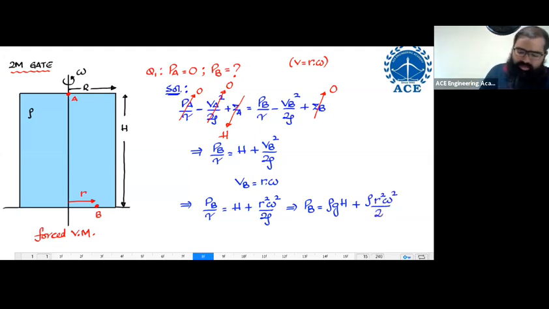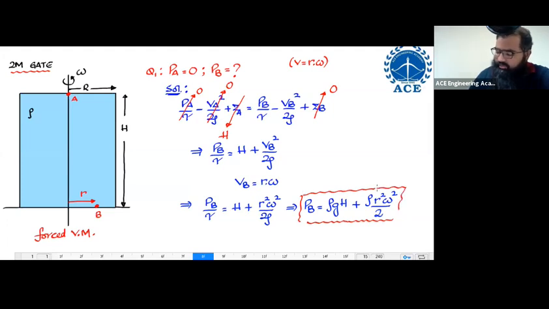This is the value of pressure at point B. I hope you are able to get this pressure.